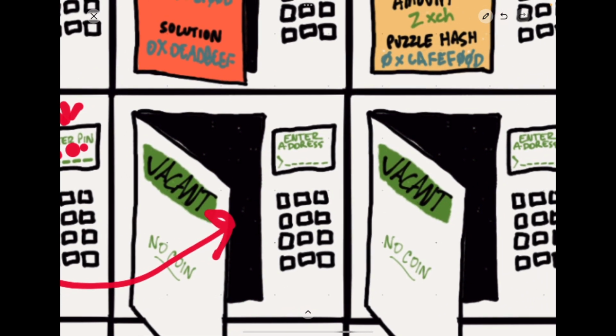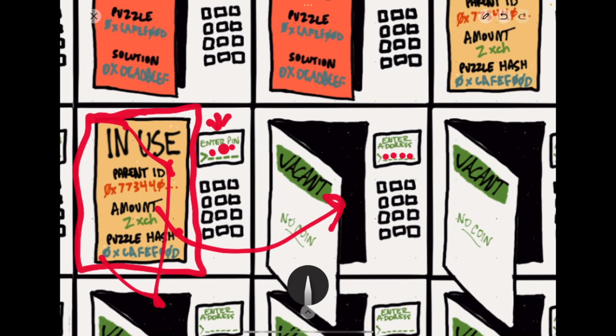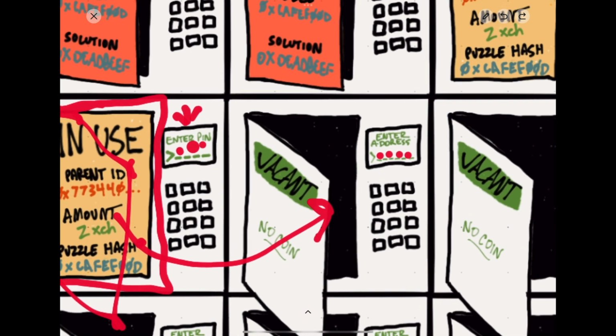And if you look at this, you see enter address. Now here's where you would put the receiving address. And remember, the receiving address is just a puzzle hash. So you are effectively spending your coin by taking it out of your locker and putting that coin in a new locker that's locked up with a new address that only the person that knows the puzzle code behind that address can unlock, right?